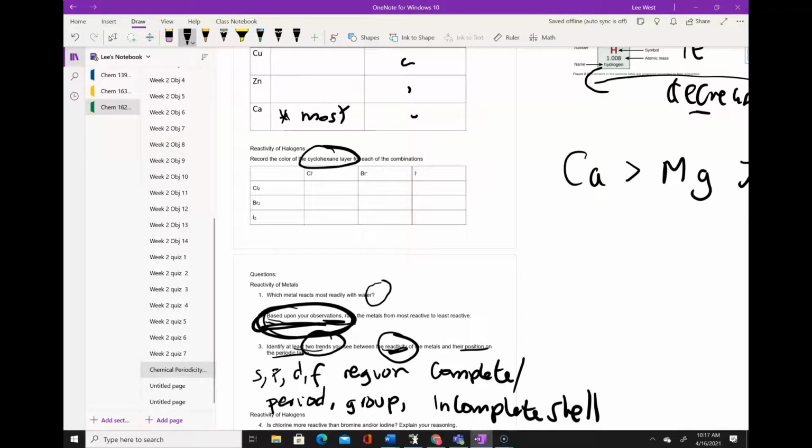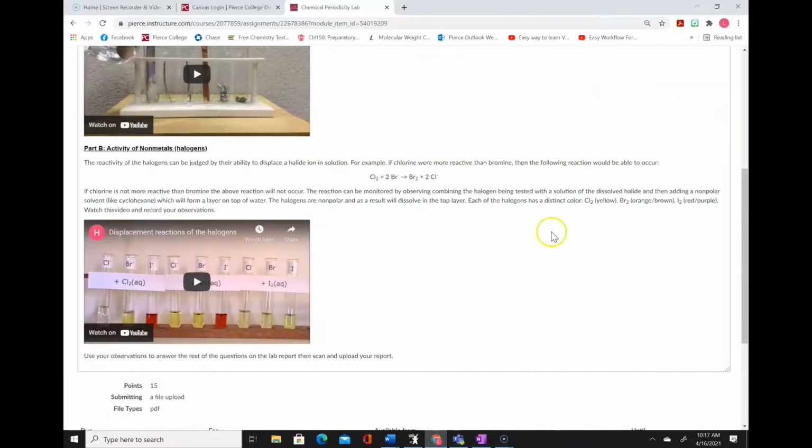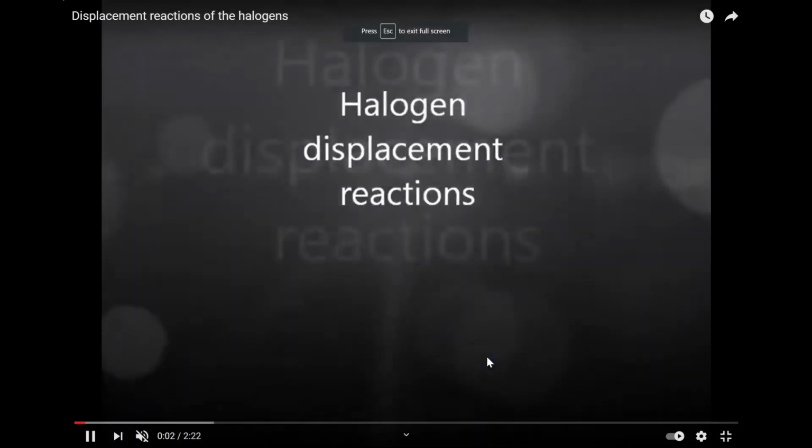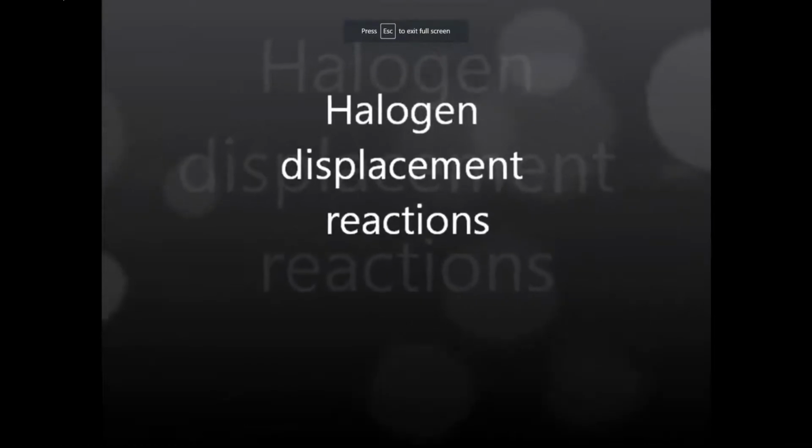And these ones here are basically your controls, that allow you to identify what the color of chlorine, bromine, and iodine is in that top layer. So let's have a look at the video and see what we are going to do. Because it's a lot to take all in. So here's the video, only 2 minutes, but I'm going to let it play at normal speed this time.